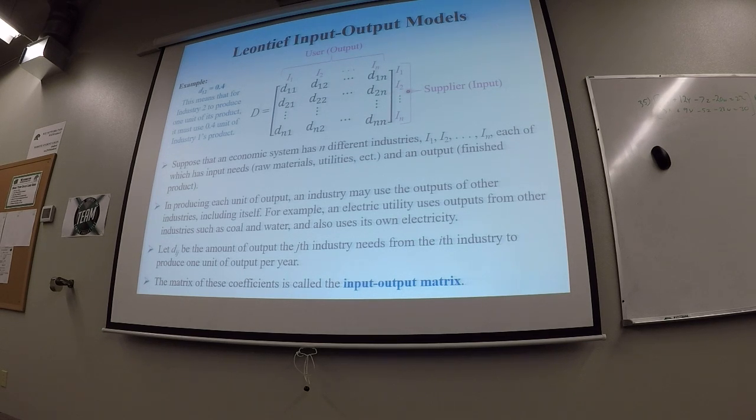See, I2 to I2. So instead of from-to, it's the user and the supplier. It basically shows how industries use each other's resources and how they're connected. Does that make kind of sense?